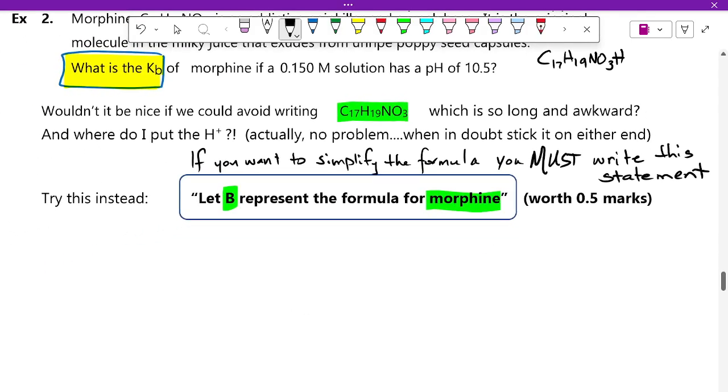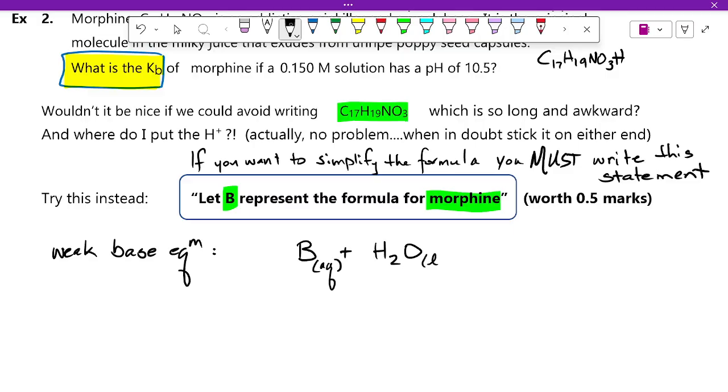When I write my weak base equilibrium, I'm just going to say B plus H2O. And I think at this point, it would be very good for you to remind yourselves that that one is aqueous, that one is liquid, so that you don't try and include it in your equilibrium expression, your Keq expression.